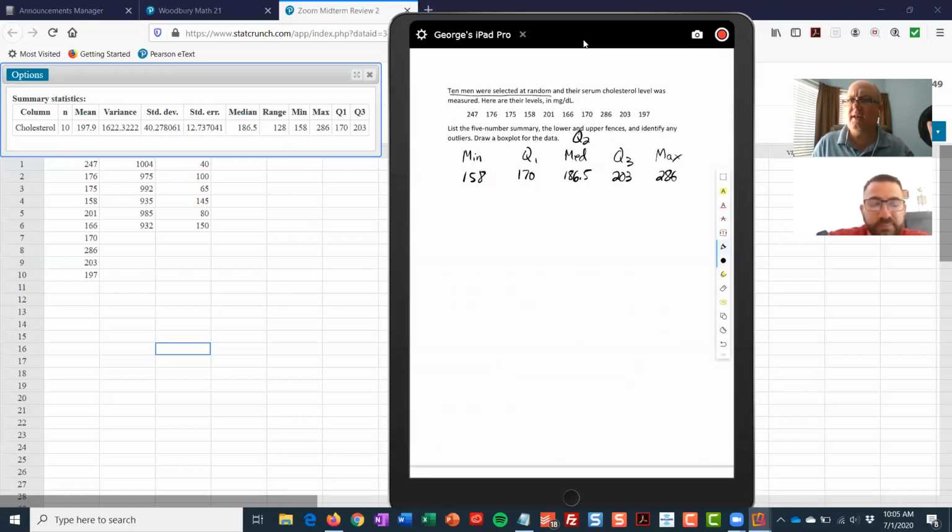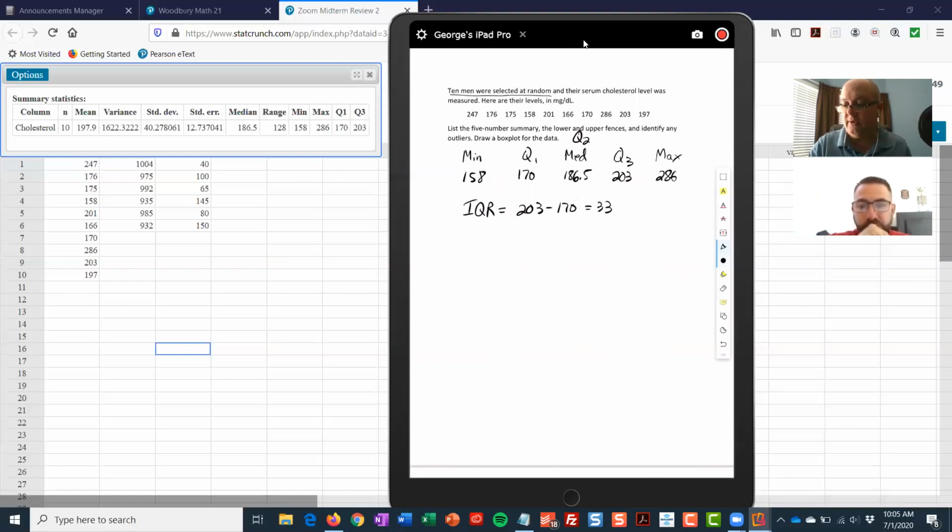On the written one, I think I list what those 5 things are, so you have a spot to write each one. For the lower and upper fences, before we can do that, I do need the interquartile range. IQR, that's just Q3 minus Q1, or 33.